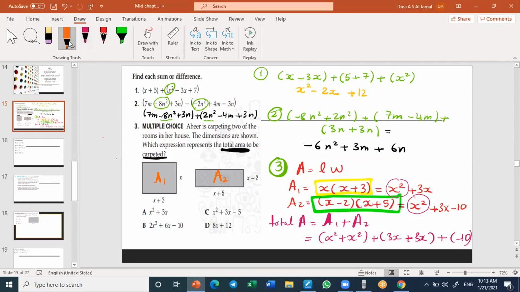That means you will have 2x squared plus 6x minus 10. Now let's look at which answer this is. So this will be your B. So pay attention to this question.